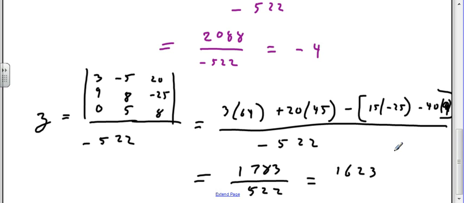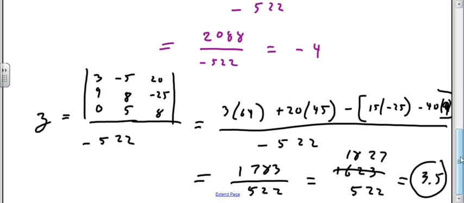All right, 3 times 64 plus 20 times 45 plus 15 times 25 plus 40 times 9. Yeah, I got one. All right, so now I got 1827 divided by 522. 3.5.